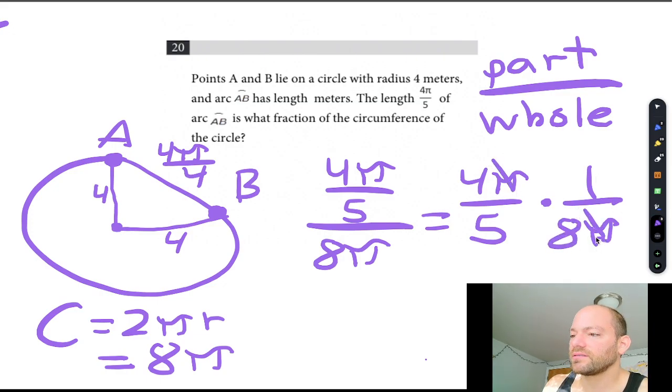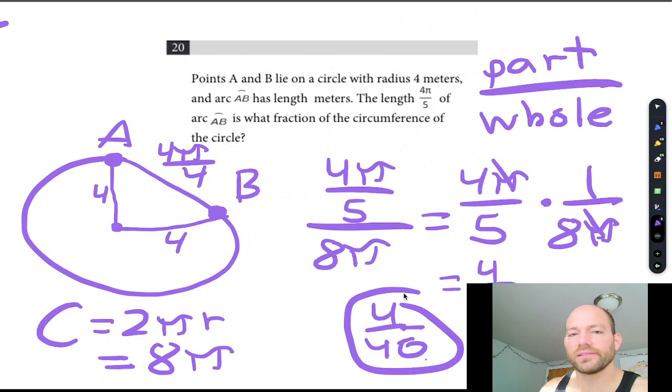The pi's cancel. We're going to be left with, oh, my face is blocking what it's going to be. 4 over 40. Can you see that? No. There we go. 4 over 40.